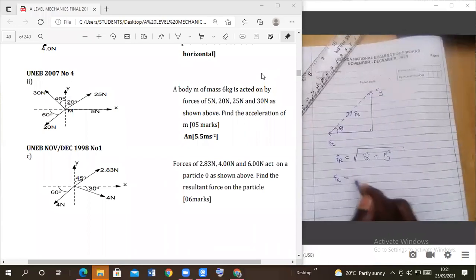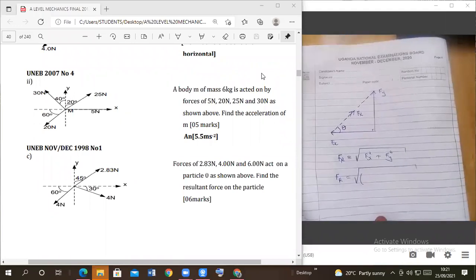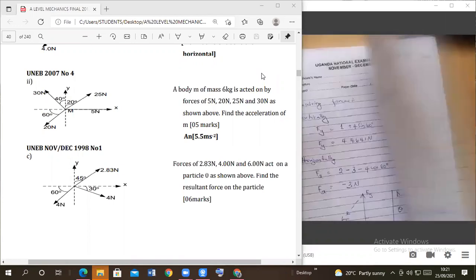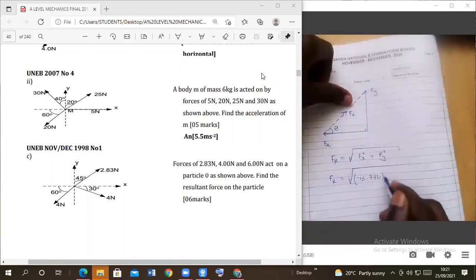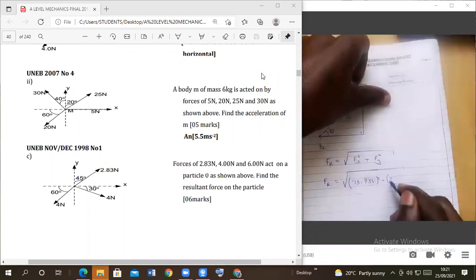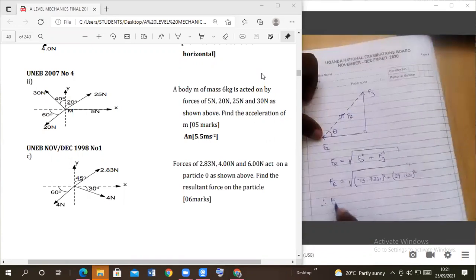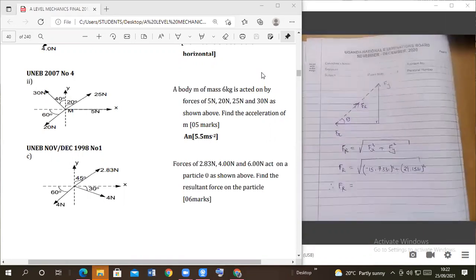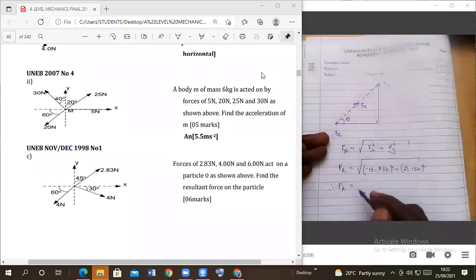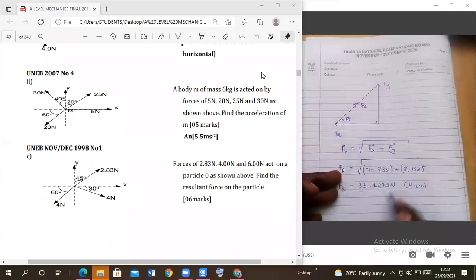So Fr is equal to the square root of negative 15.731 squared plus 29.1531 squared. The square root of that will give you 33.1275 Newton. That's the resultant force.